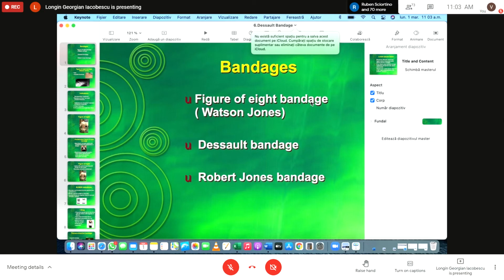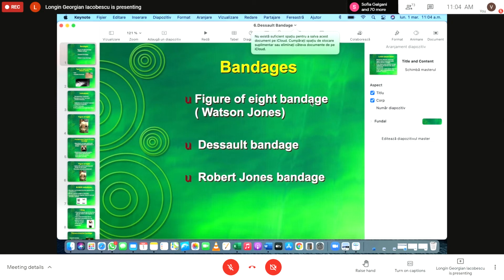It's the most common, most known, usually most used of the three types of thoracobrachial bandages. And the last one is called the Robert Jones bandage. Be very careful not to confuse it with Watson-Jones, because they share the same part, Jones. So figure of 8 bandage, Watson-Jones, and the other one is Robert Jones.